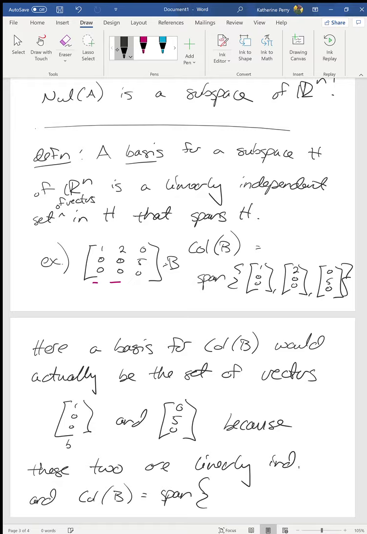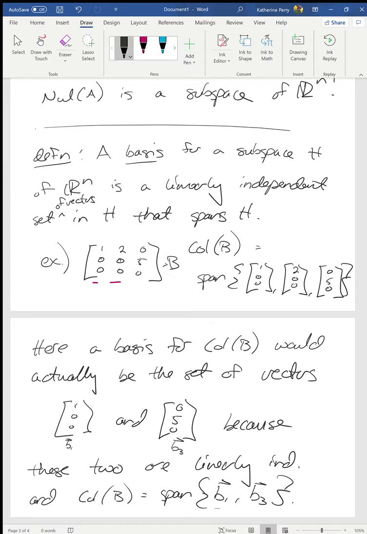Let's call this B1 and maybe this B3 since it's the third column. Okay, and so I'll leave it as an exercise to show that anything that can be written as a linear combination of these two vectors can also be written as a linear combination of these three and vice versa.